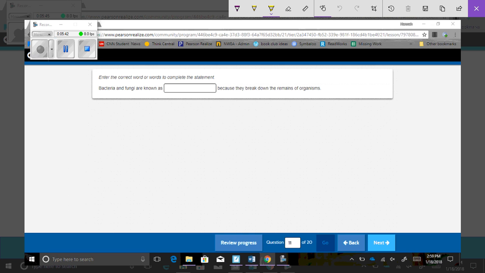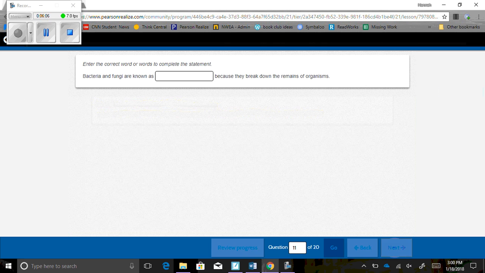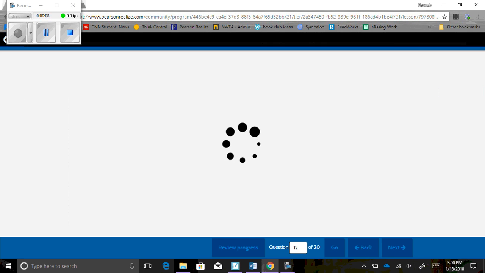Question 11. Enter the correct word or words to complete the statement. Bacteria and fungi are known as blank because they break down the remains of organisms. Question 12.